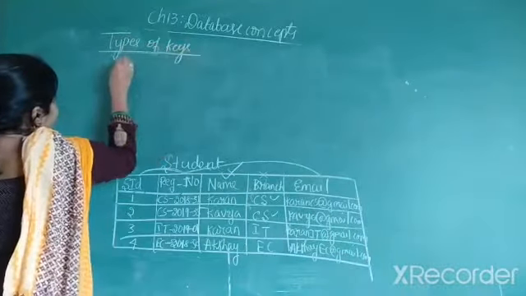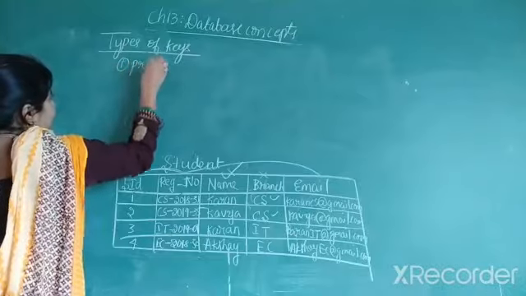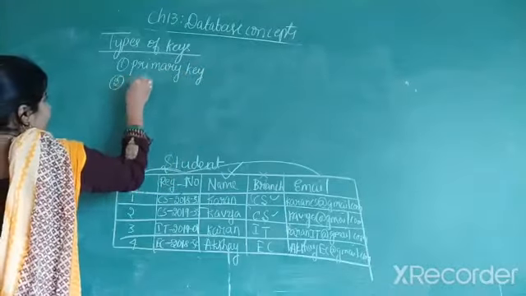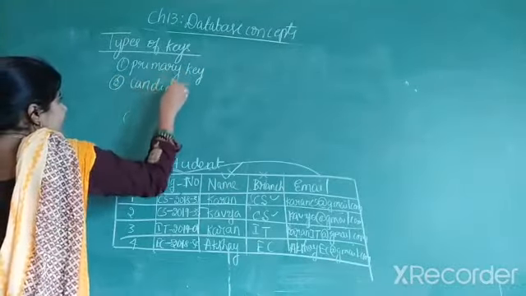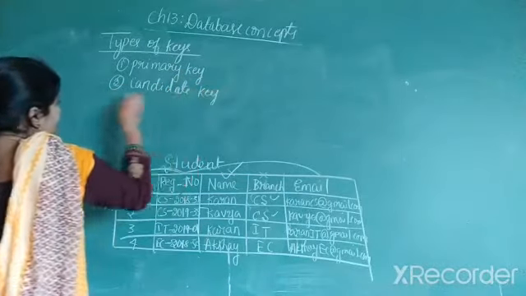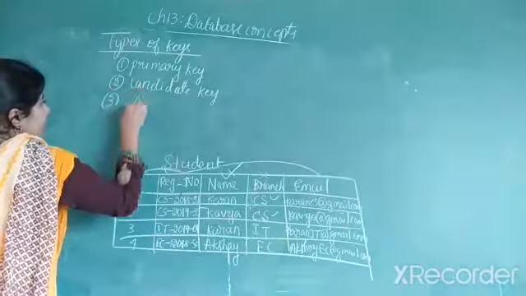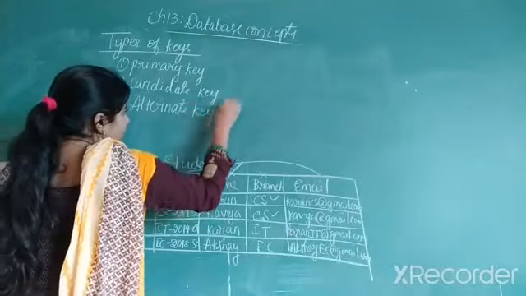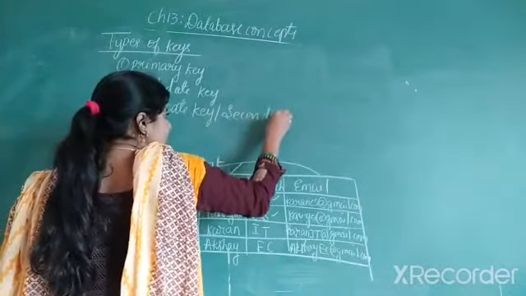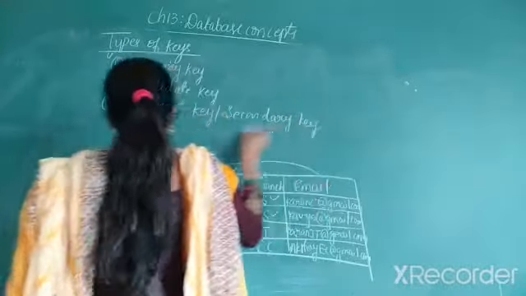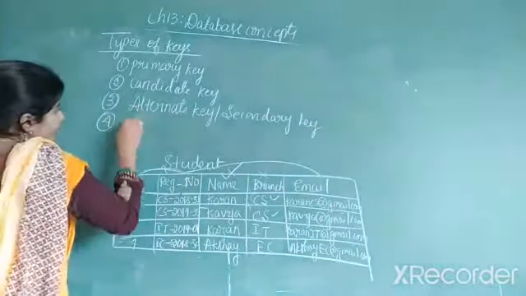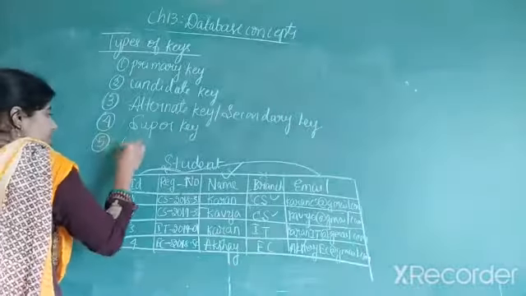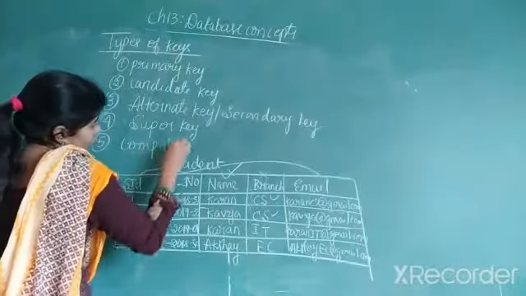The first one is the primary key, the second is the candidate key, the third is the alternate key or secondary key, the fourth is the super key, and the fifth is the composite key.